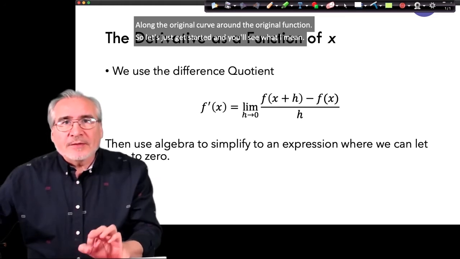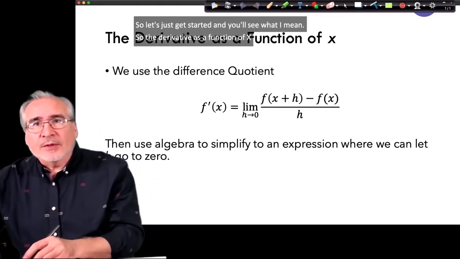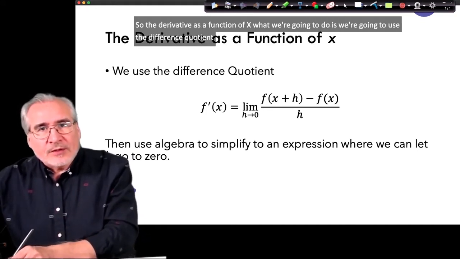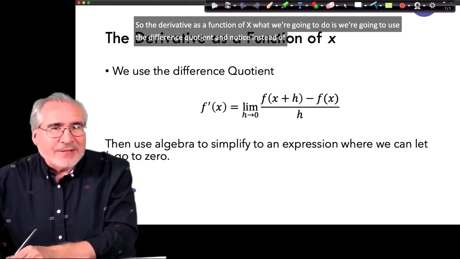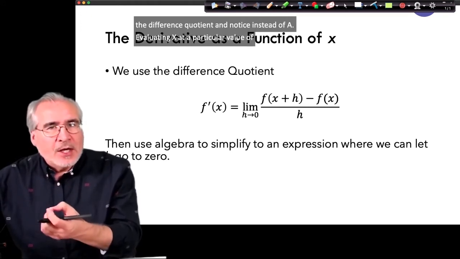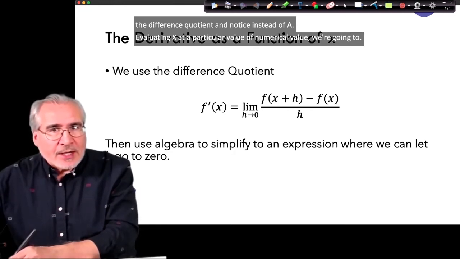So the derivative as a function of x, what we're going to do is use the difference quotient, and notice instead of evaluating x at a particular value, a numerical value, we're going to do this limit as h goes to 0.